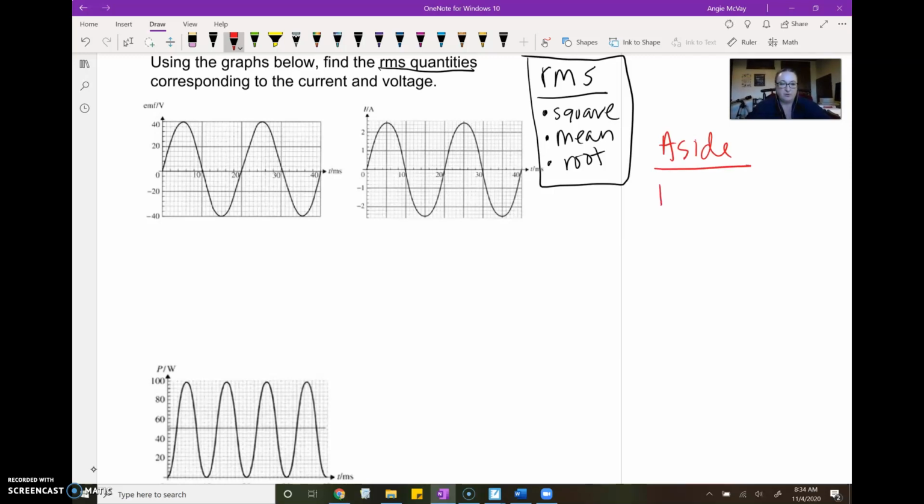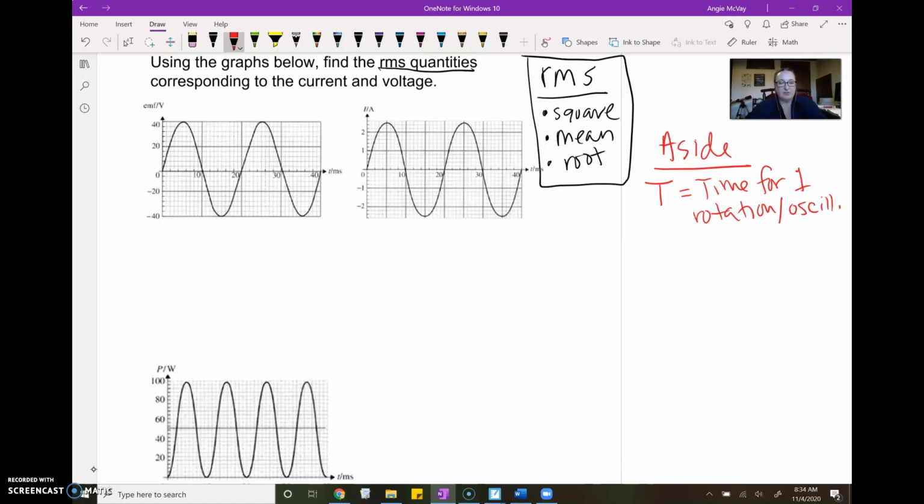please remember that period, if you remember from your math class or from physics, is the time for one rotation or oscillation. I'll abbreviate it there because I'm running out of space.